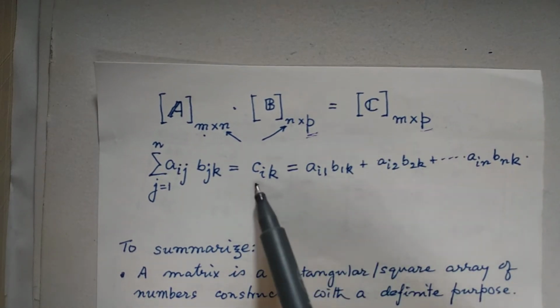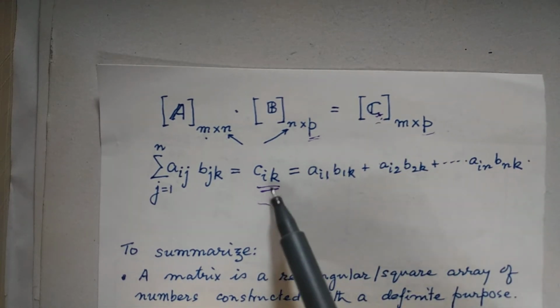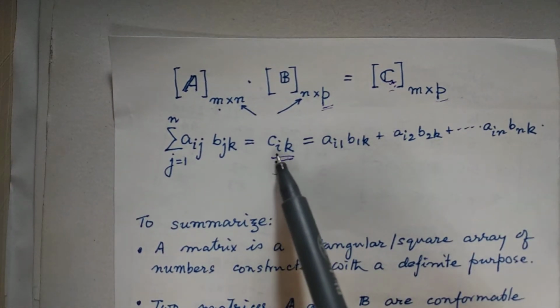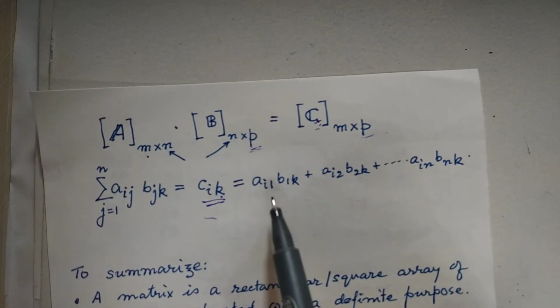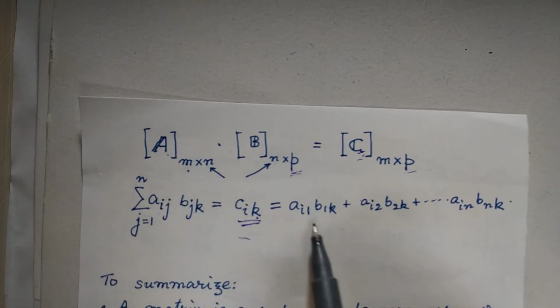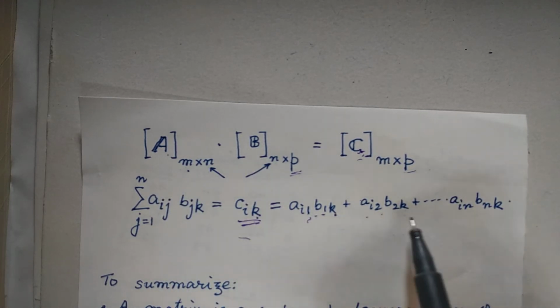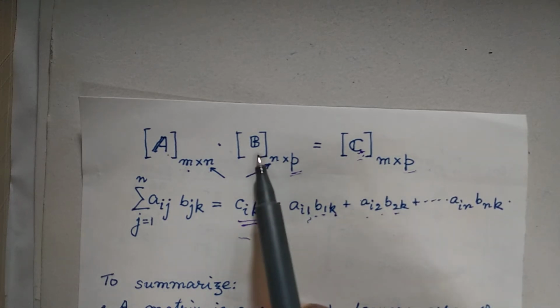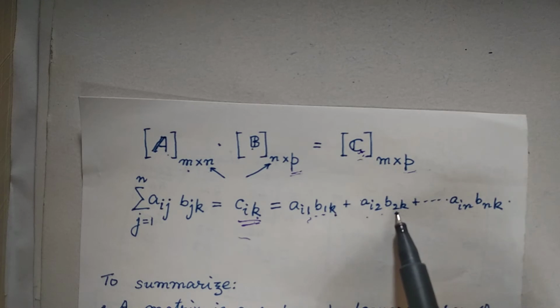If C is the product matrix, the ik element means the element at the ith row and kth column in the matrix C. This will be given by A_i1 B_1k plus A_i2 B_2k. B_2k means the element in the matrix B at the second row and kth column.